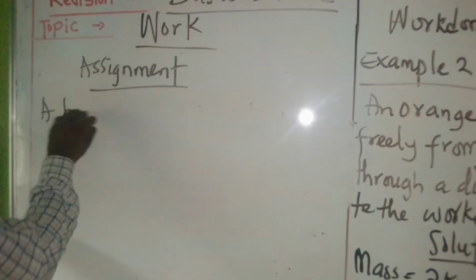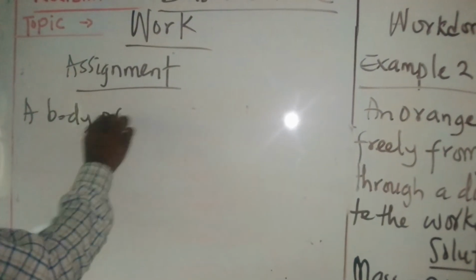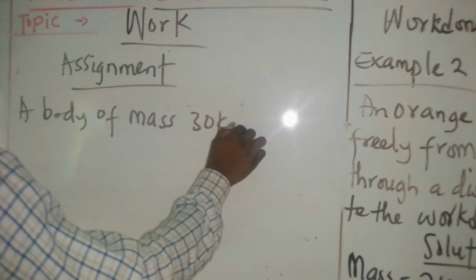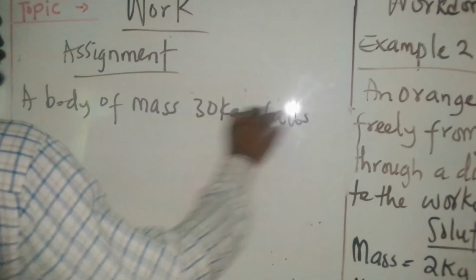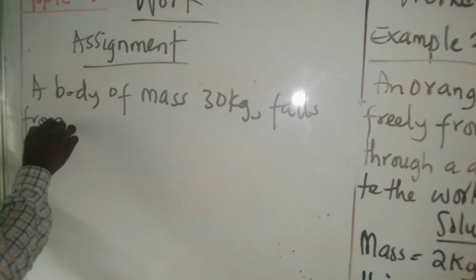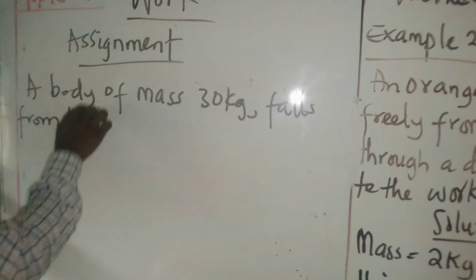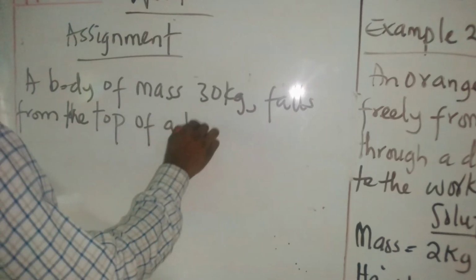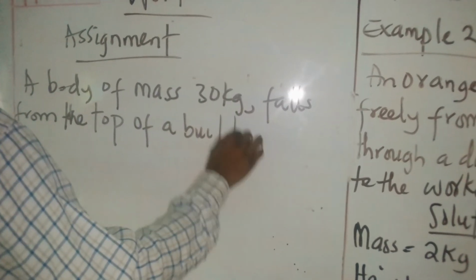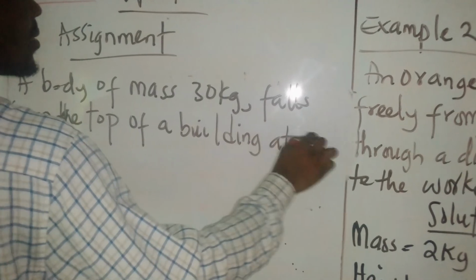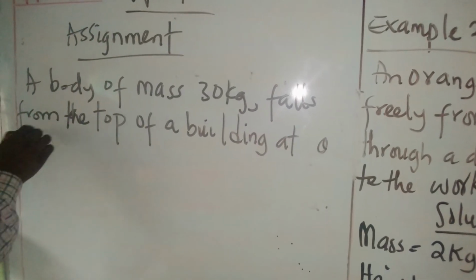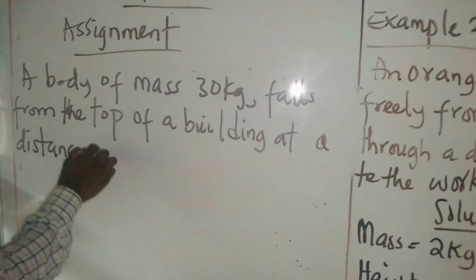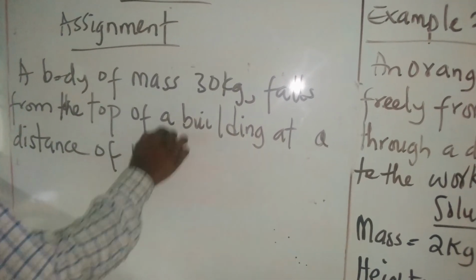A body of mass 30 kg falls from the top of a building at a distance of 12 meters.